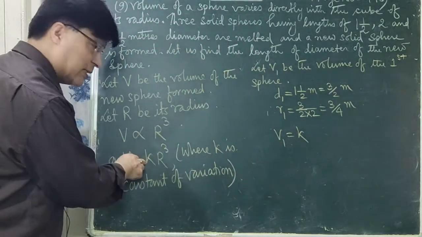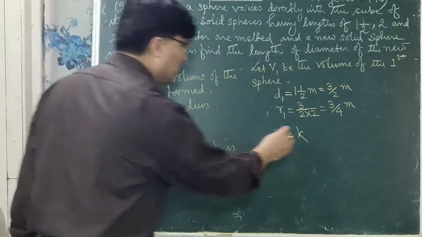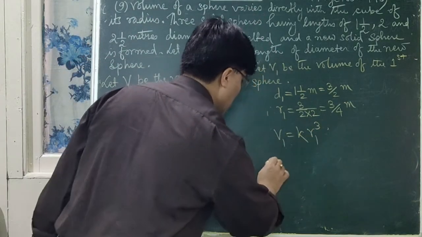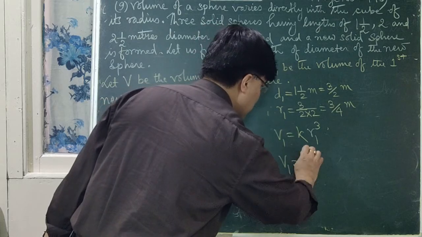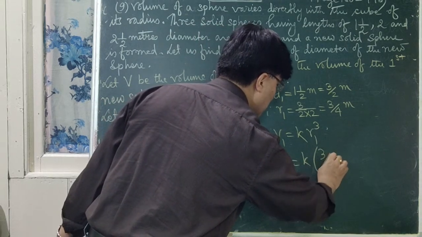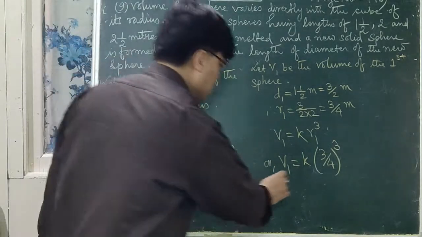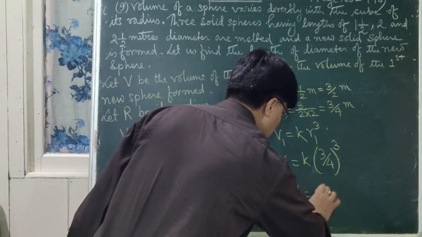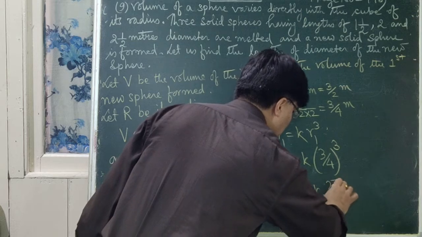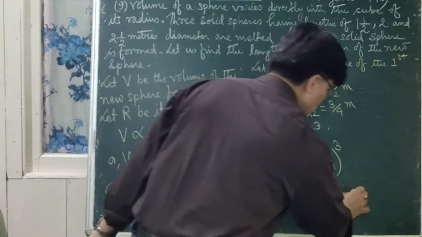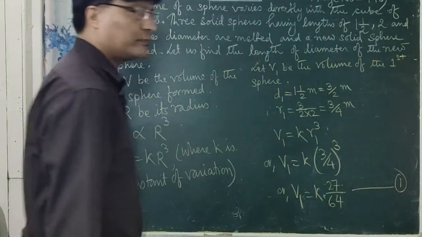And what is R cube here? That is R1 cube. So V1 is equal to K into 3 by 4 whole cube. That is V1 is equal to K into 27 divided by 64. So let us mark it number 1.